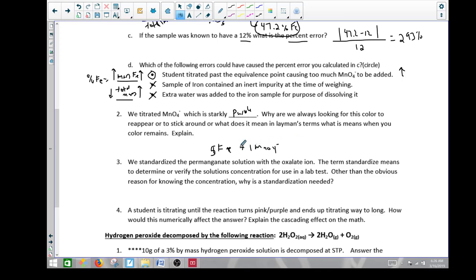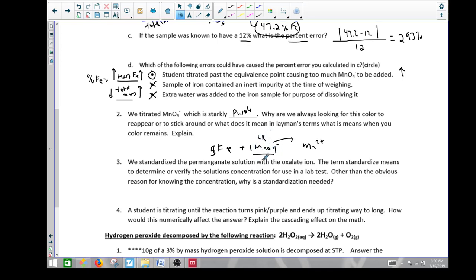So the iron converts MnO4 to a colorless product, Mn2+. So we know that when the purple disappears, it also means that this stuff is gone. And it means this is now our limiting reactant.